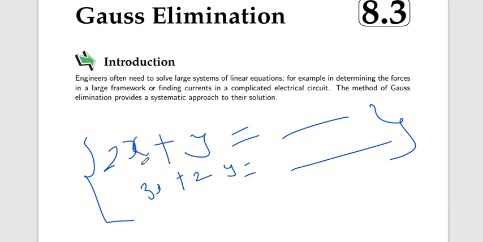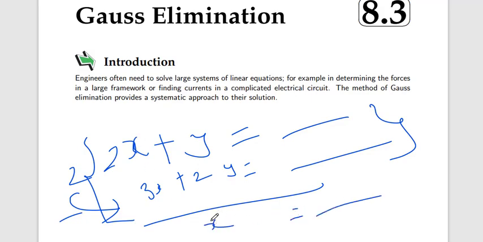This is easy to solve: if we multiply this equation by 2 and subtract it from the other equation, then we will get only the x quantity. After we get the value of x, we put it in either equation and find the value of y, so we get the answer for x and y. This is an easy linear equation.